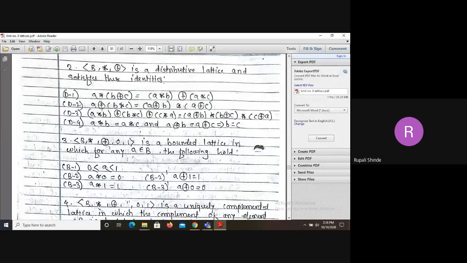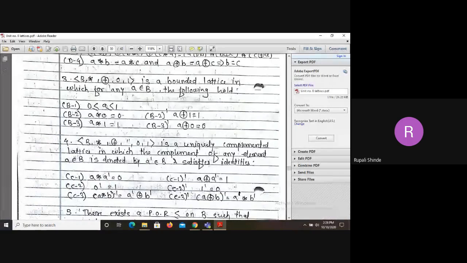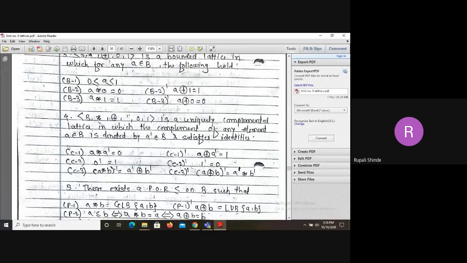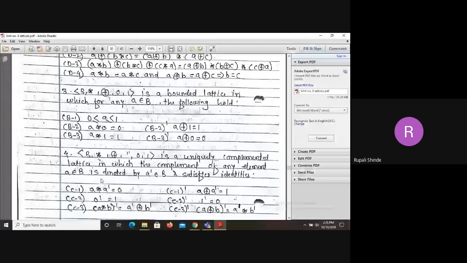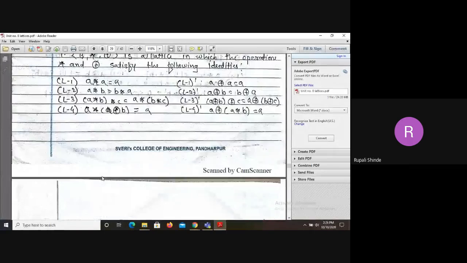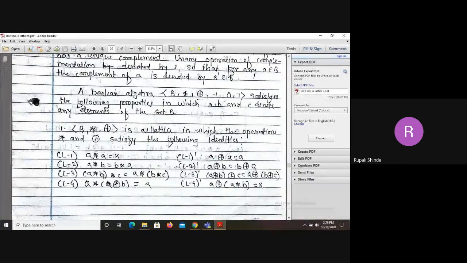Third one, it is bounded lattice, so we have written properties for bounded lattice. Fourth one, it is a complemented lattice, that's why we have written properties of complemented lattice. And last part, lattice satisfies partially ordered relation, so that fifth part will include all the properties of partially ordered relation. If you remember in this way, you can write all the properties of Boolean algebra.